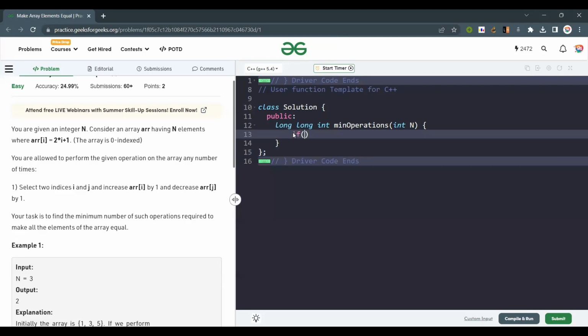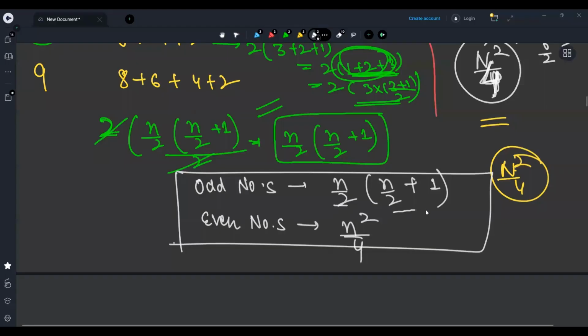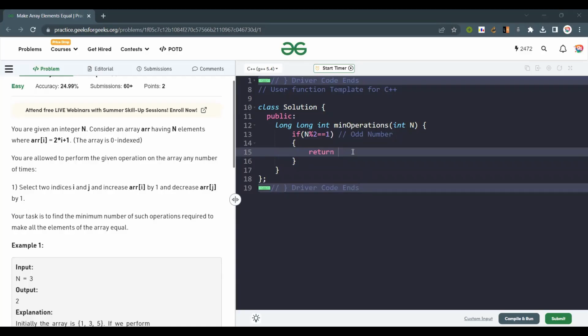So initially we check for odd numbers, if n modulo 2 is equal to 1. For odd numbers, what will we return? As I said, n by 2 into n by 2 plus 1. So I will say 1 LL into n by 2, and then n by 2 plus 1.